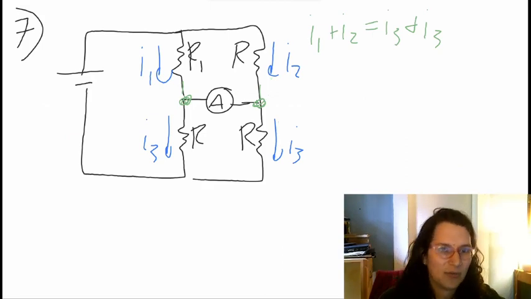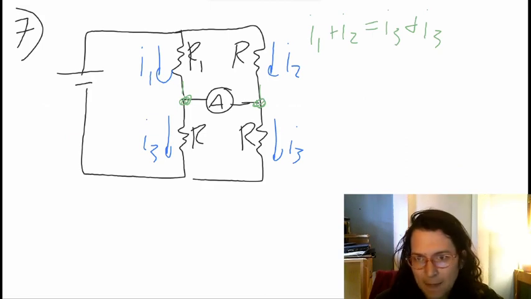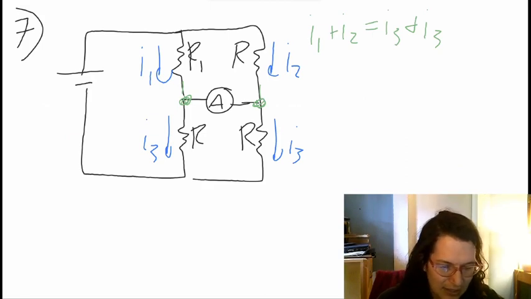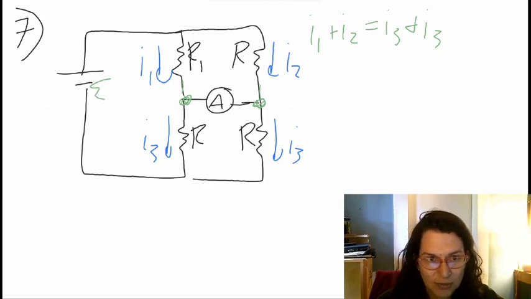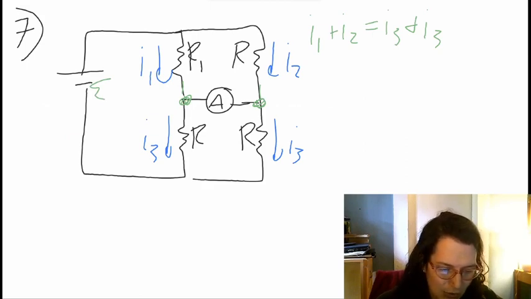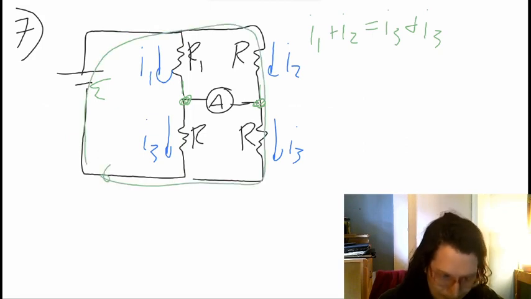Now, to find the actual values for the currents, I just need to know that I have an epsilon here, and then I can do my loop rules. I would do 2 loops, actually. I do this loop right here, which I'll call loop 1, and then this loop around the outside will be loop 2.